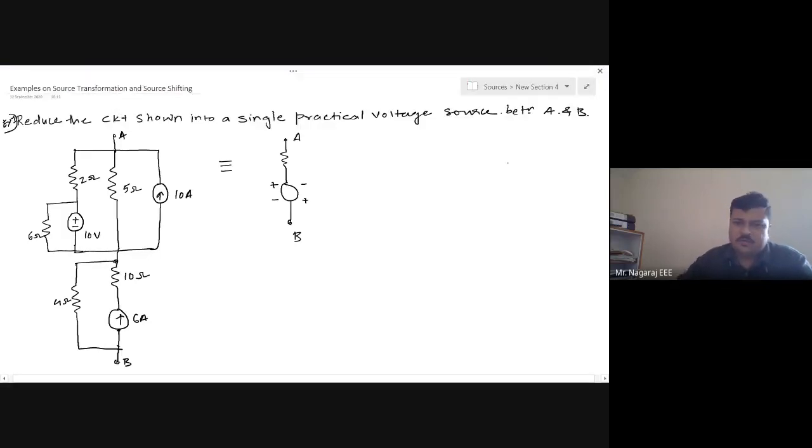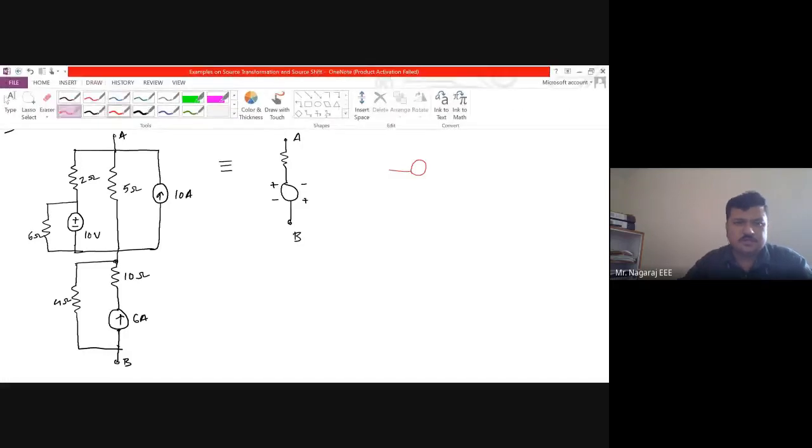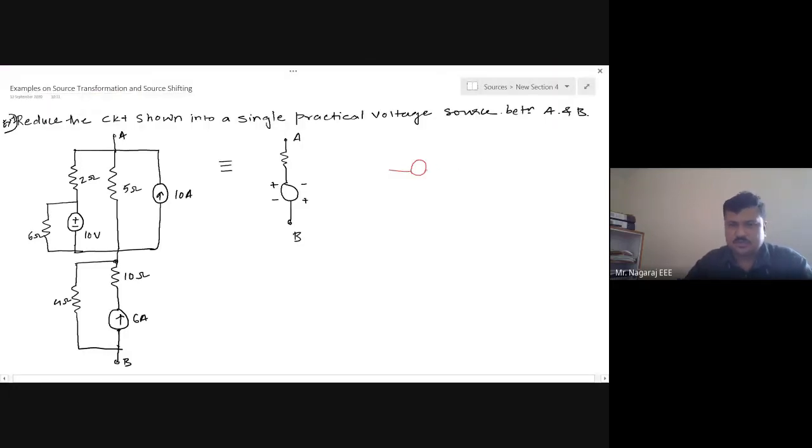Now we know that if I have a current source, say with a terminal X, and the direction of current is in this direction, say for example 10 amperes.